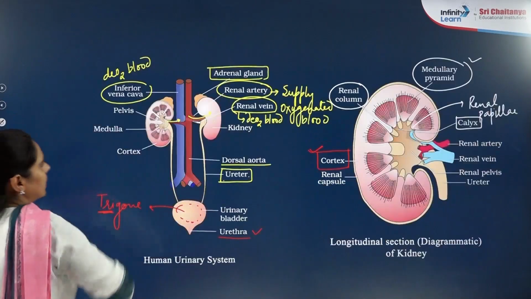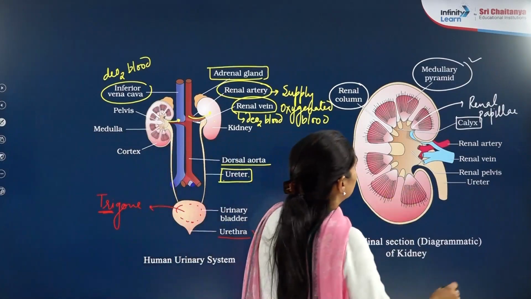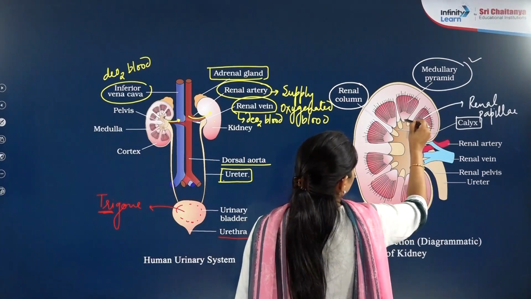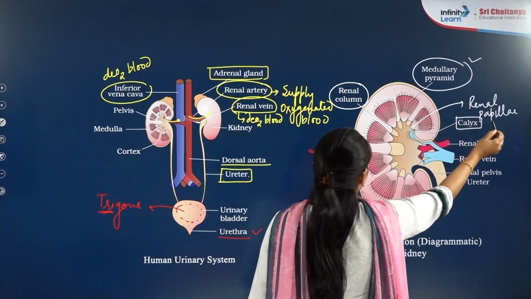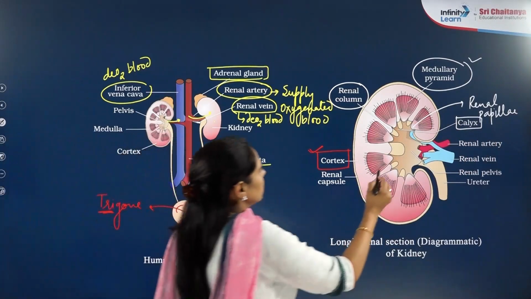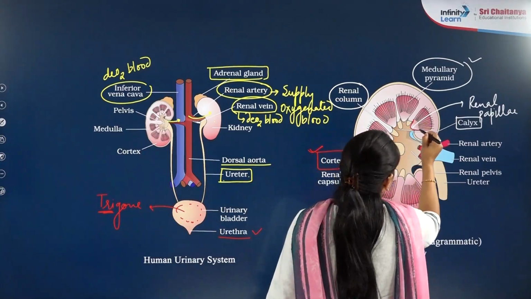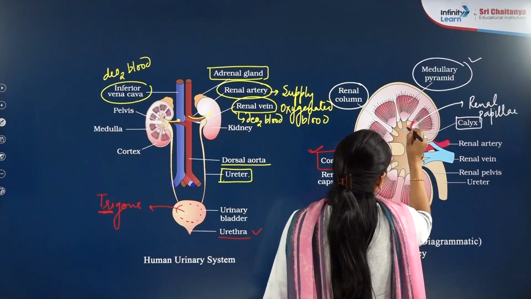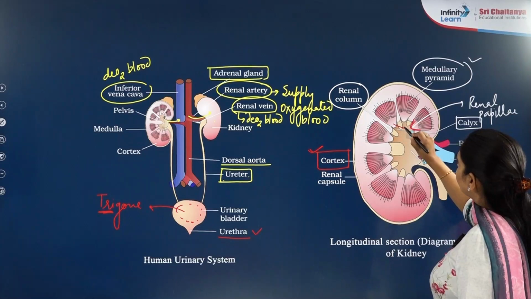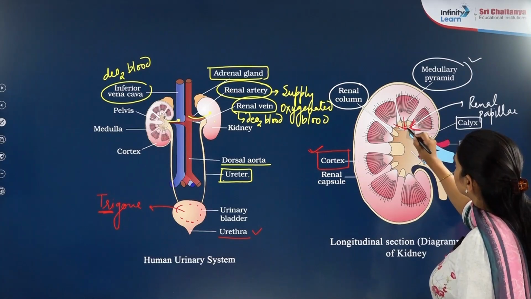Let us go back to the diagram and let us see the details. As you can see here, the medullary pyramid, then this conical part is known as renal papilla. Let me use a different color to mark this. So this is renal papilla. The space which is coming here, in this space, this renal papilla is also opening, this is also opening, and this is also opening.